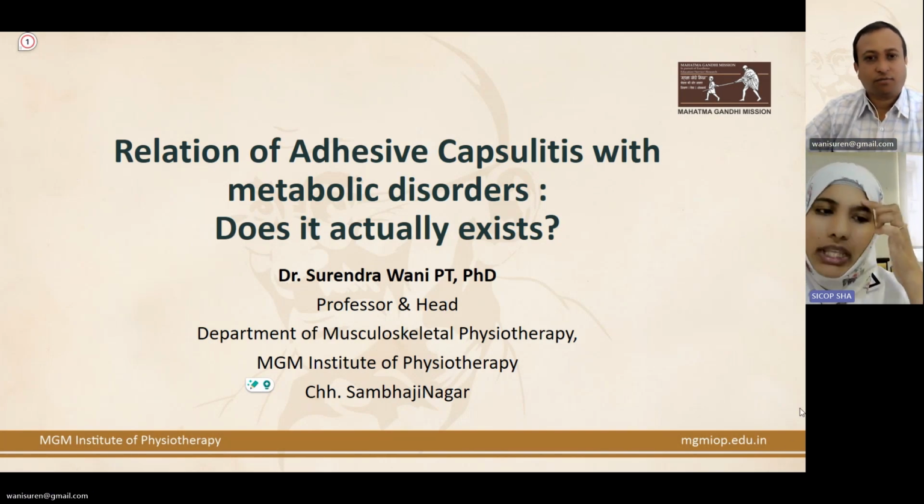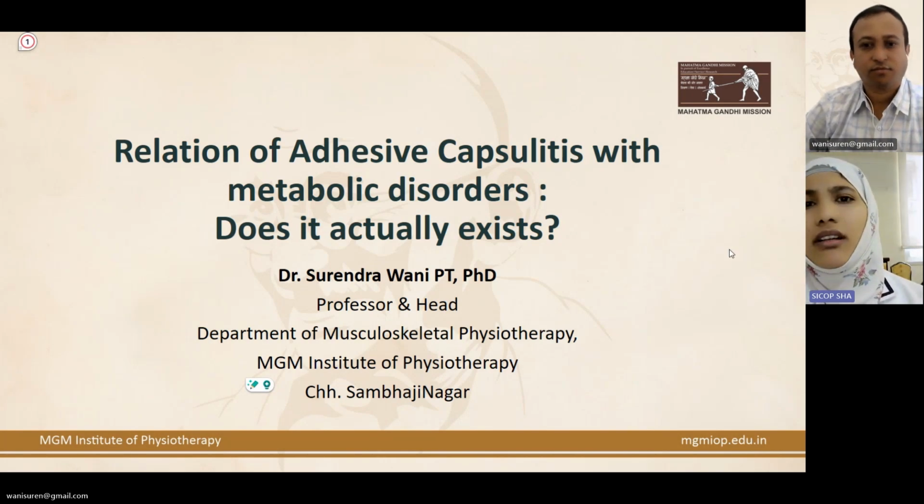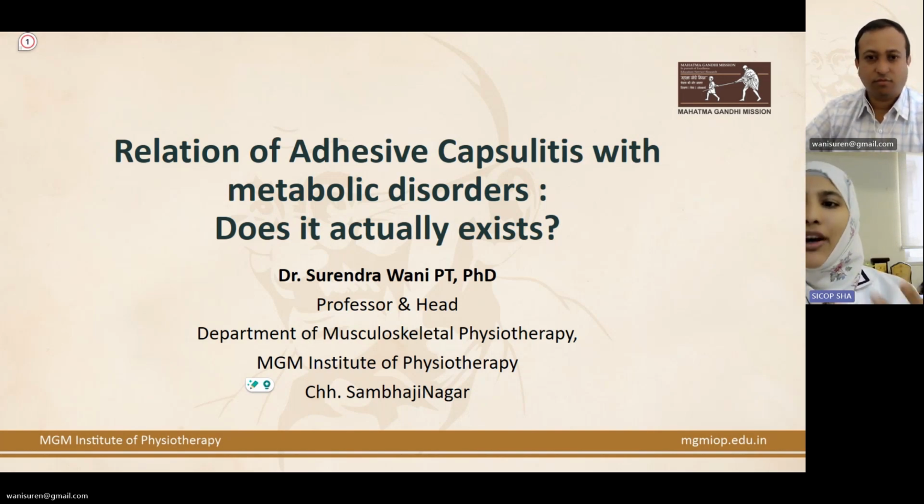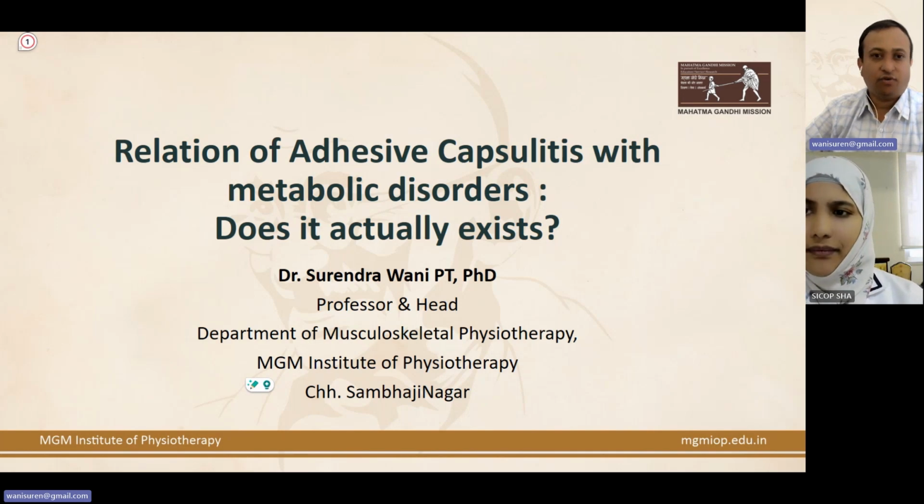The major one being, can metabolic disease control, like if I have diabetes and I'm controlling my sugar levels, can it improve the response to other treatments in adhesive capsulitis? Yes, rightly said. It is always advisable to control the prolonged hyperglycemia with the medications for getting better results with physiotherapy.